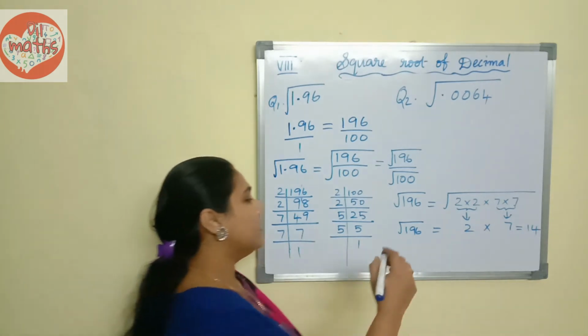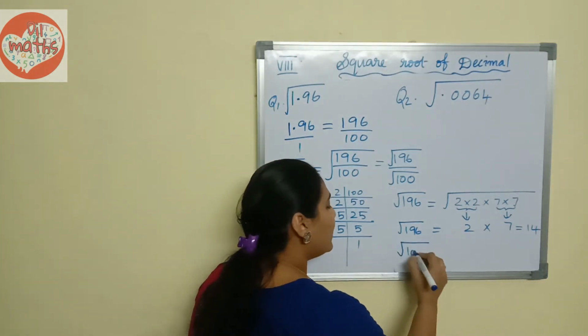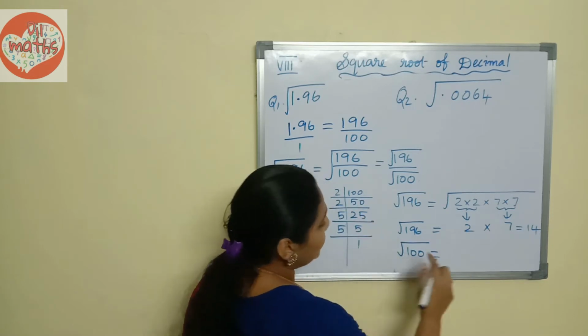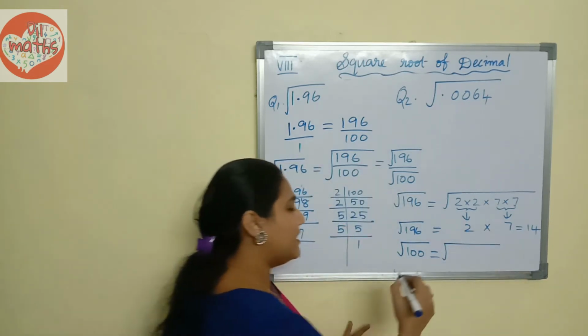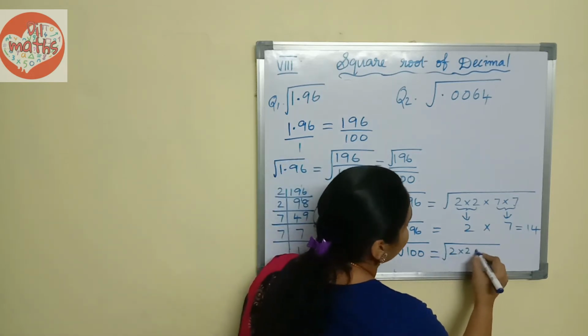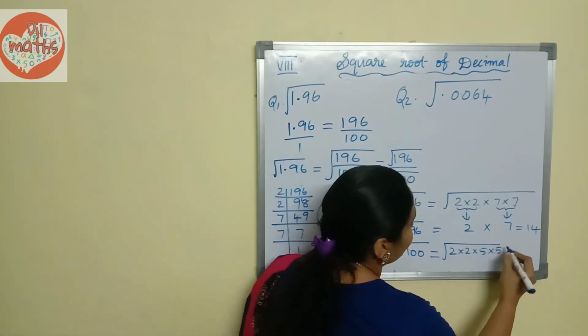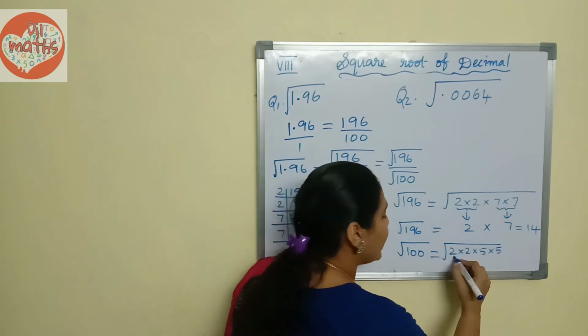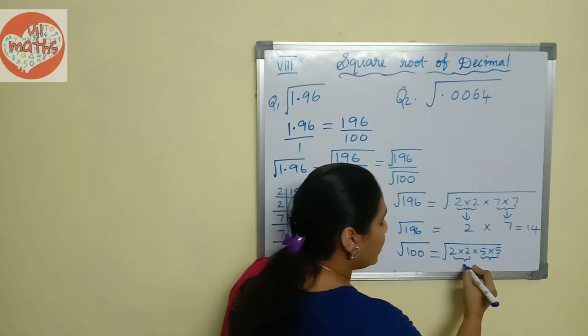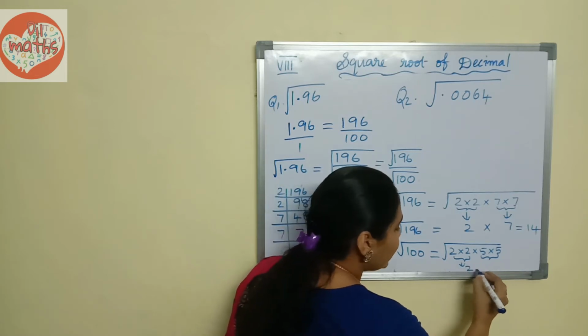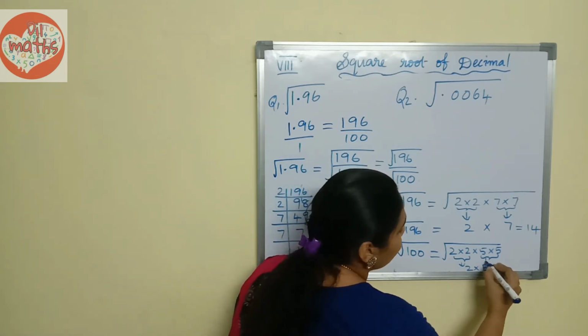Now the next one is square root of 100. What is square root of 100? Which are all the prime factors? We got 2 2s and 2 5s, isn't it? 2 into 2 into 5 into 5. Again the same process we should do here. We should make pairs of equal primes and take one factor from each pair.